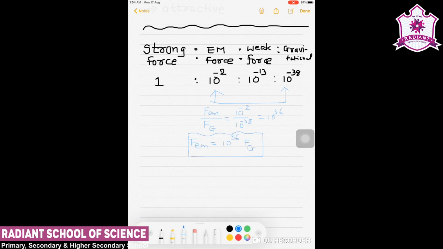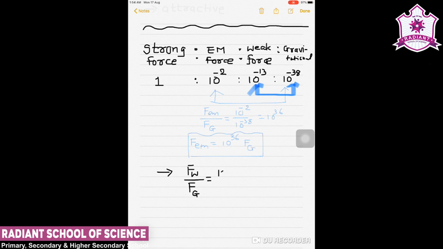We can also compare like this. We can have comparison between weak force upon gravitational force. So we can say that this is 10 to the power minus 13, this is 10 to the power minus 38.